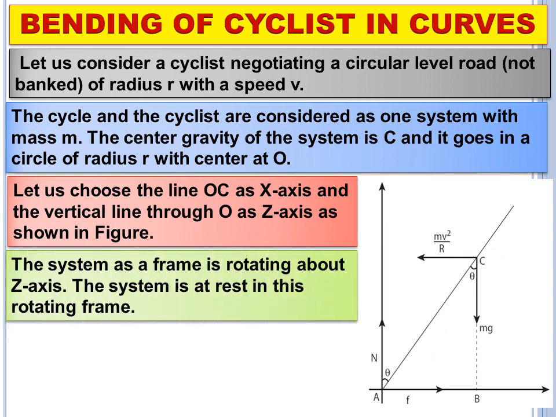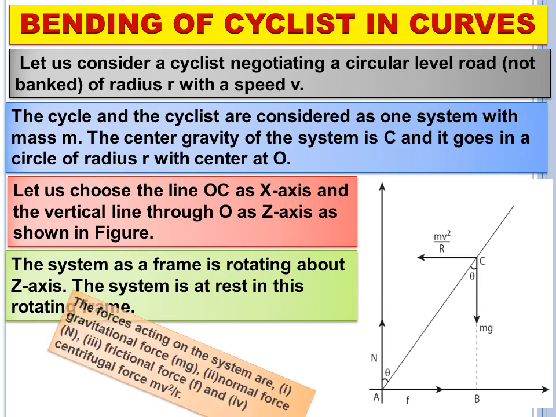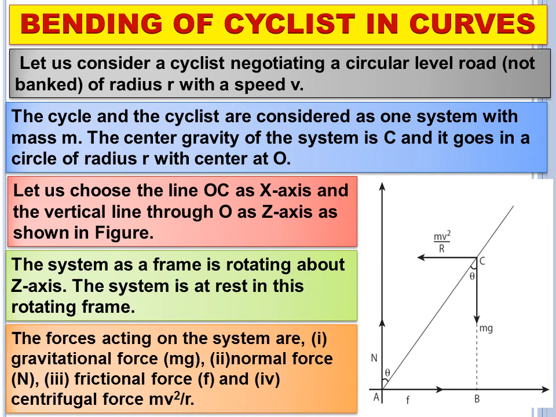The system as a frame is rotating about the z-axis. The system is at rest in this rotating frame. The forces acting on the system are the gravitational force mg, the normal force N, the frictional force F, and finally the centrifugal force mv square by r.